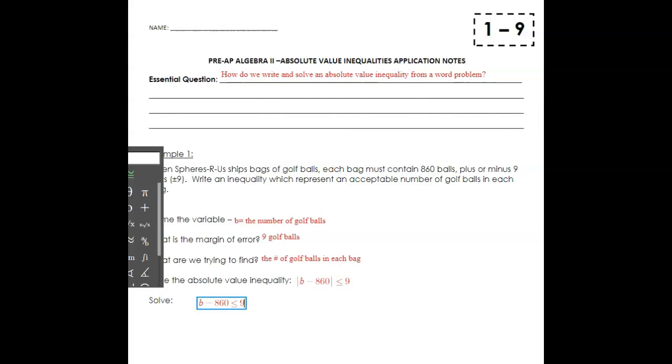And the second one will be b minus 860. Remember, you switch the inequality sign, so is greater than or equal to, and then you switch the sign of the 9, so negative 9.